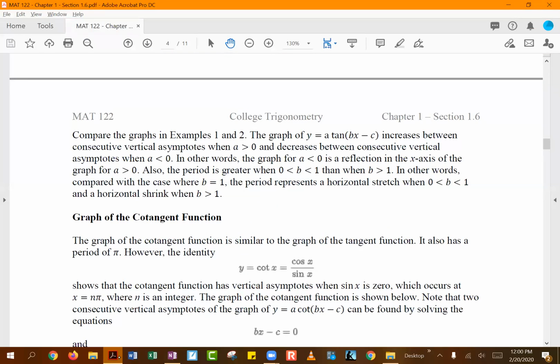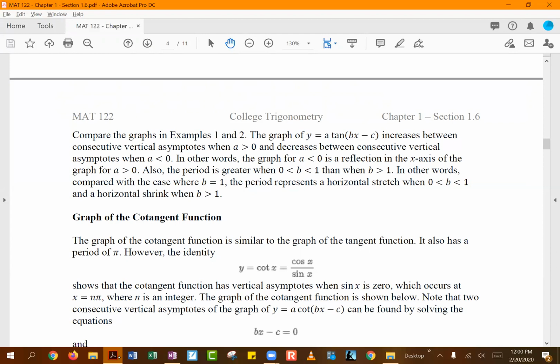When your b value is between 0 and 1, which would be your x over 4, your period is going to be greater, right? Because we got a period of 4 pi. But when you did a tangent of 2x, our period was just pi halves, right? So when b is greater than 1, your period is going to be smaller than when your b value falls between 0 and 1.